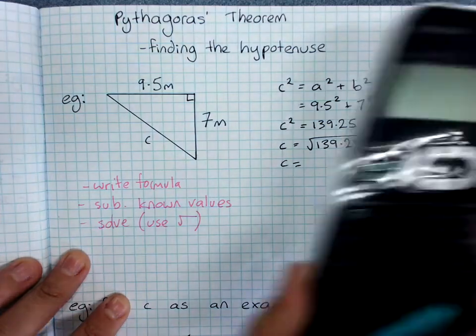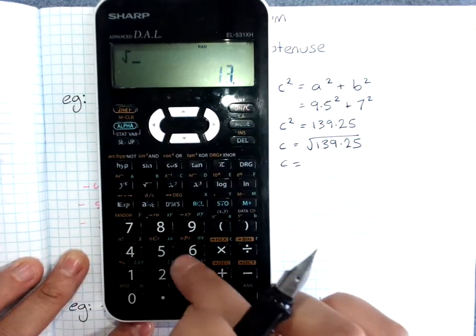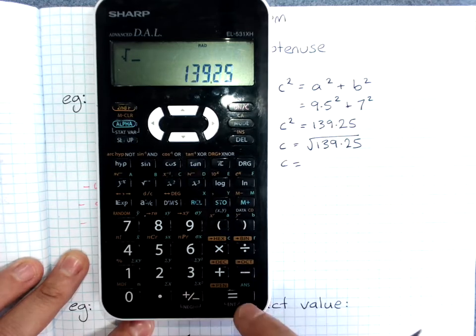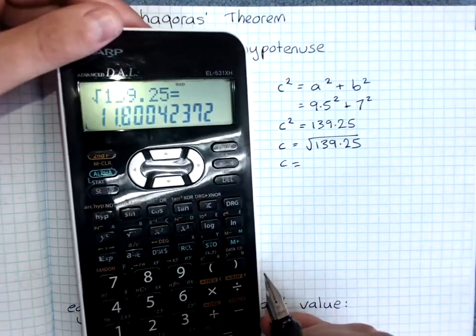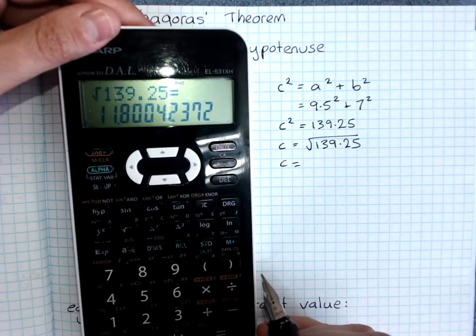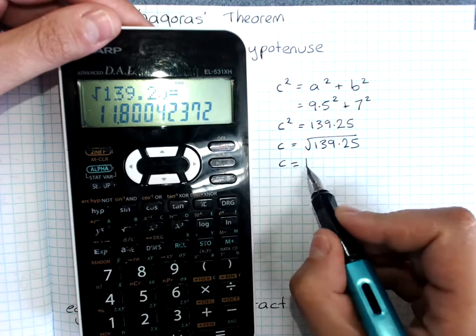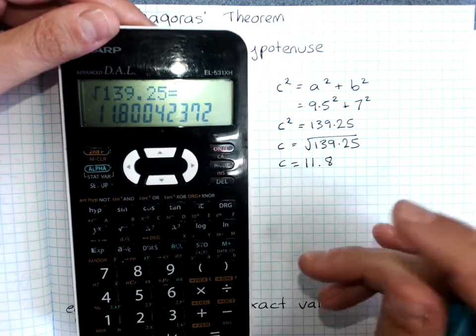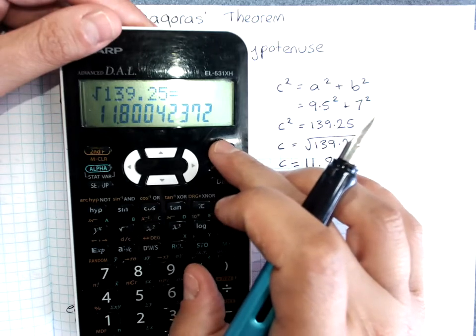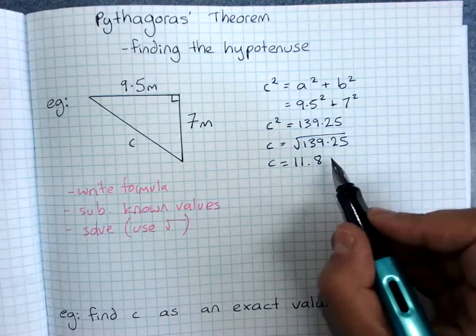And then the square root of 139.25, we'd always, if asked, round, and that is 11.8. One decimal place makes sense there.